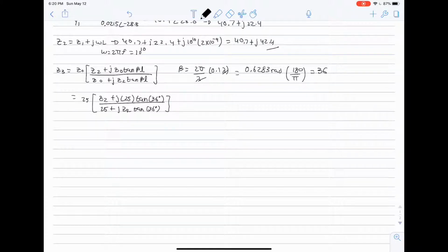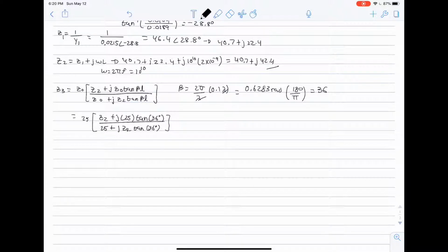So you pretty much just plug in your Z2 over here and over here, and after you calculate everything, you would get 42.8 minus j42.8, which is 60.5 at negative 45 degrees.